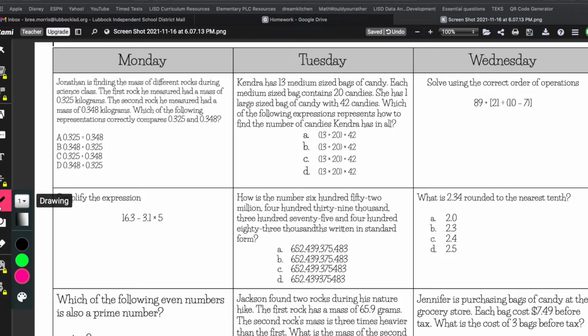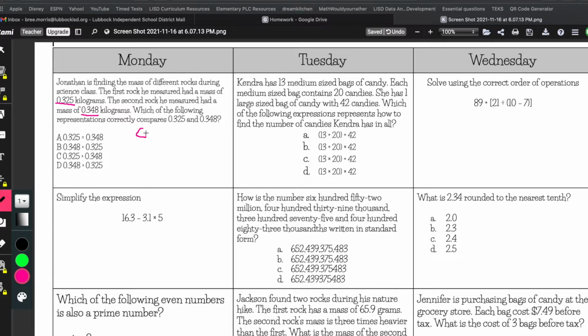Okay. The second rock he measured had a mass of 348 thousandths kilograms. Which of the following representations correctly compares 325 thousandths and 348 thousandths?